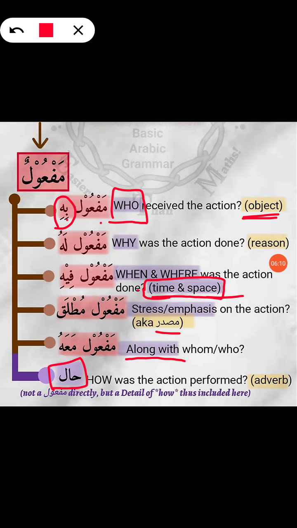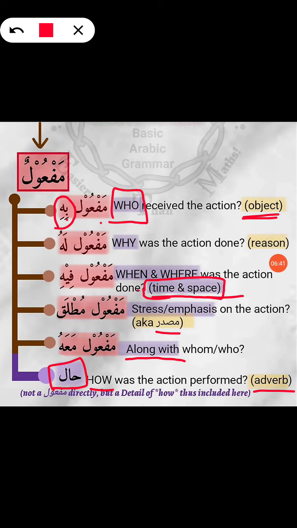So it's not a maf'ul, it's a detail, the detail of how something was done. So it's an adverb. Adverbs are called hal, and they are also included in the detail, and they're also maf'ul because they are the details. But in Arabic categorization, you're not going to find hal under the category of maf'ul. I'm doing it because of the detail, because of the concept, that's all.